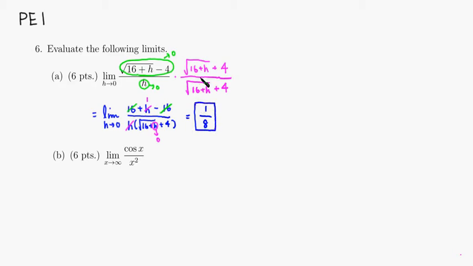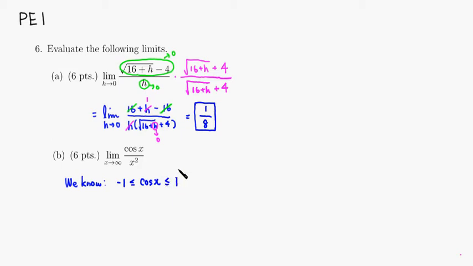Alright, how about part B? For this one, squeeze theorem might be a good way to go. We know something about the trig function, because the range of a trig function is from -1 to +1.